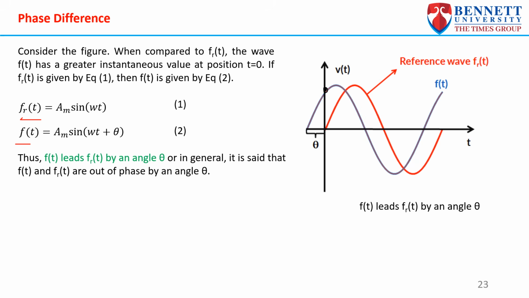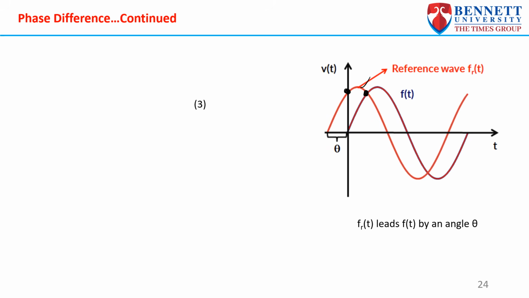If you see here, f_R of t at t equal to 0 is 0, but f of t has some value. So you can say that f of t leads f_R of t by an angle theta, or that f of t and f_R of t are out of phase by an angle theta. Okay, so this is the concept of phase difference.